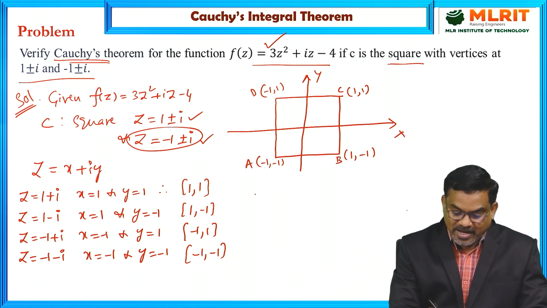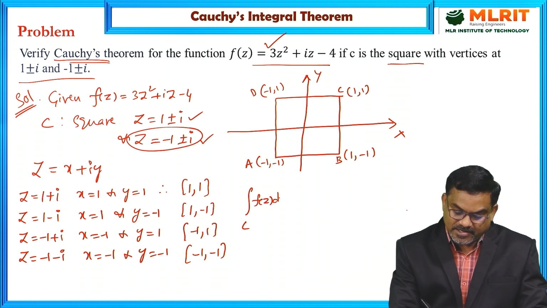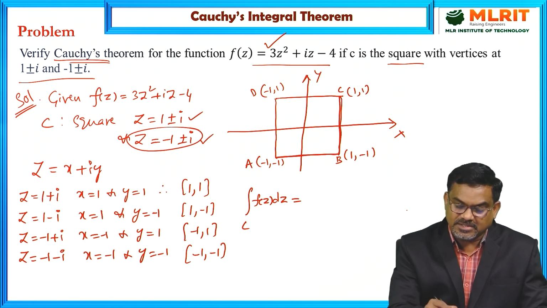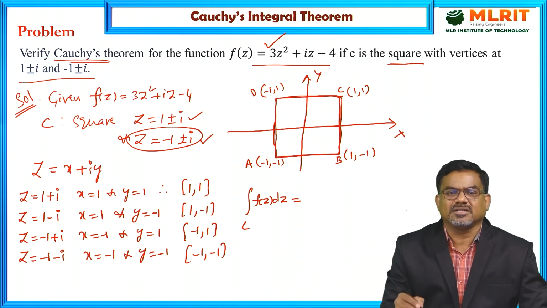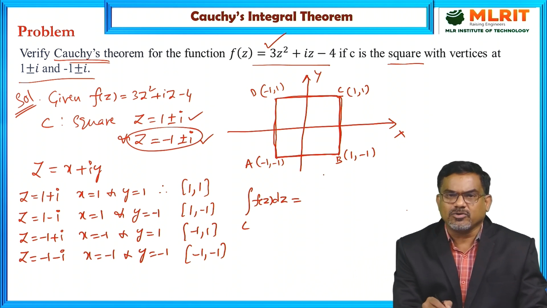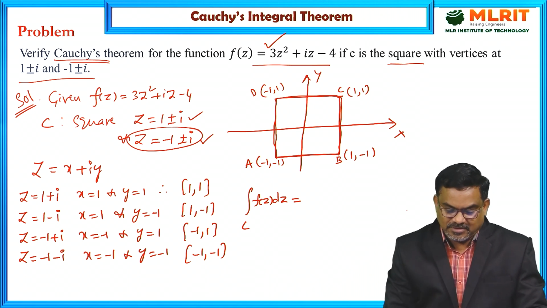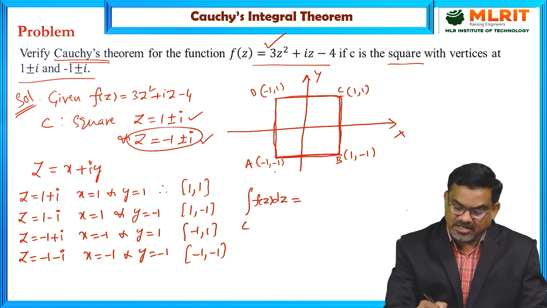To evaluate this line integral, we need to evaluate along each side of the square: along AB, along BC, along CD, and then along DA.